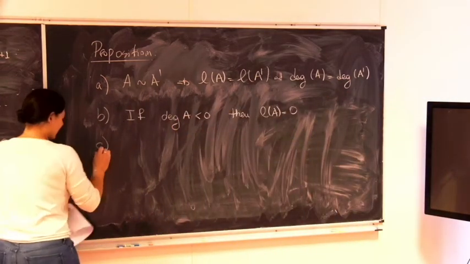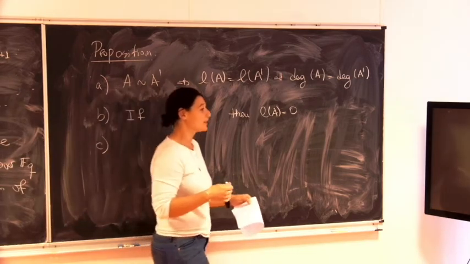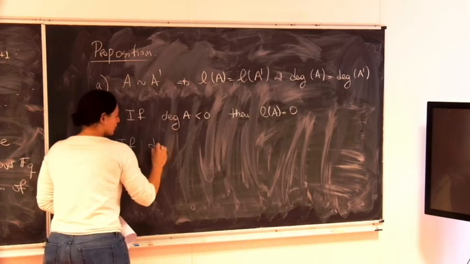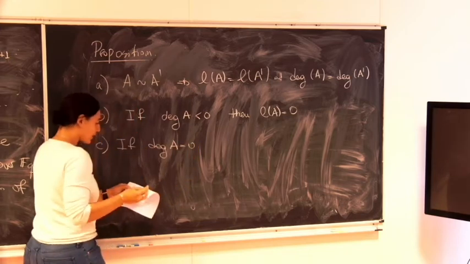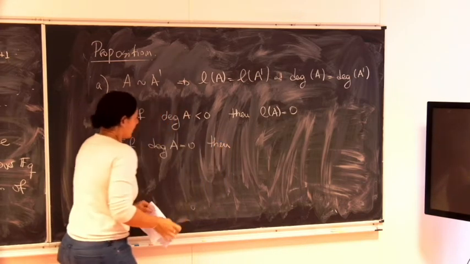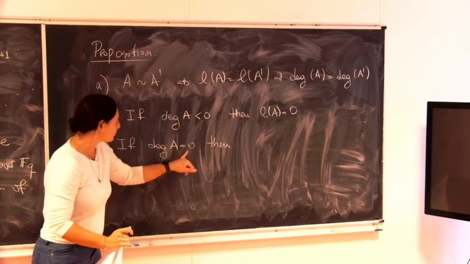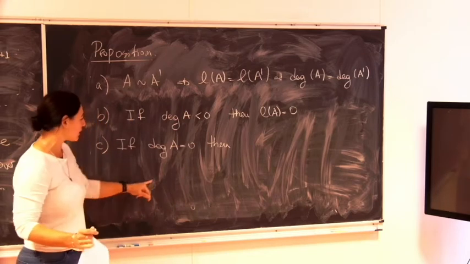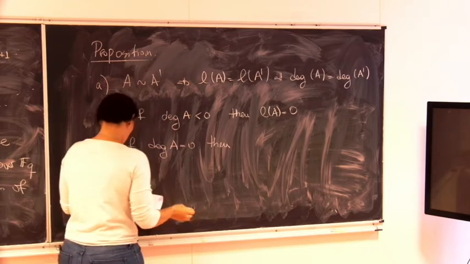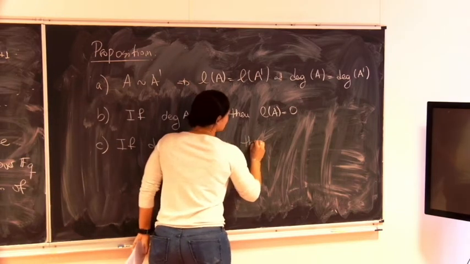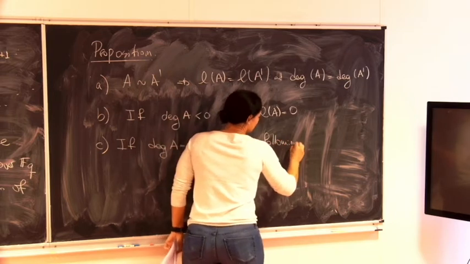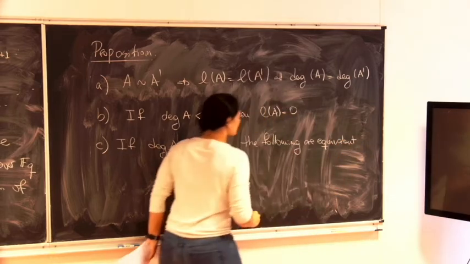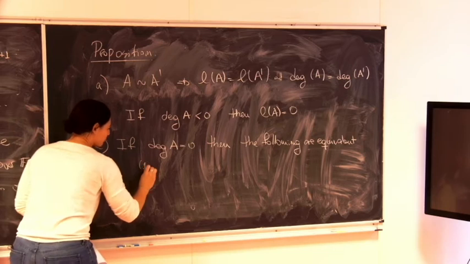And another thing is something that characterizes the principal divisors. So if I start with a divisor of degree 0, then it's going to be true that A is a principal divisor if I know that inside the Riemann-Roch space I have constants. So then the following are equivalent. And this is stated like this because this is how one proved this.